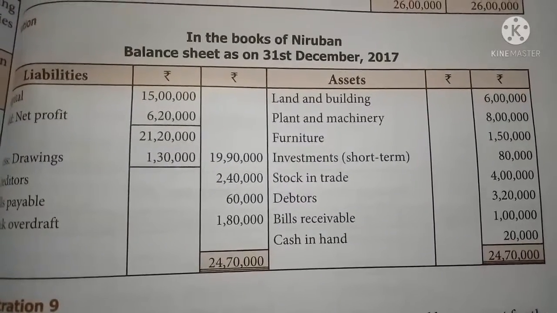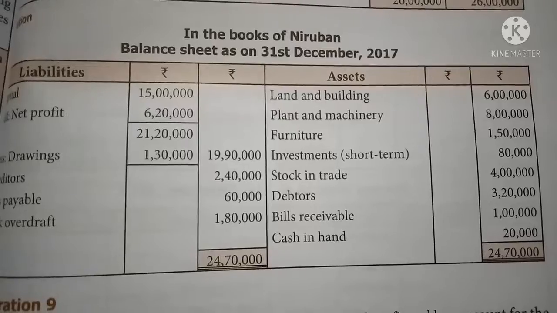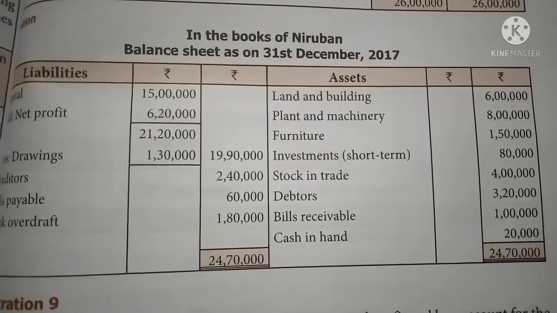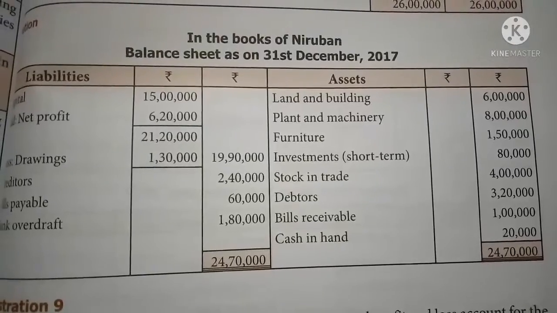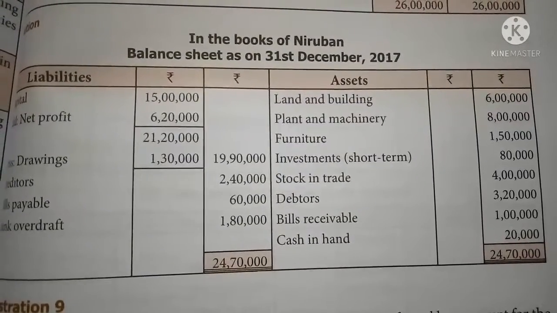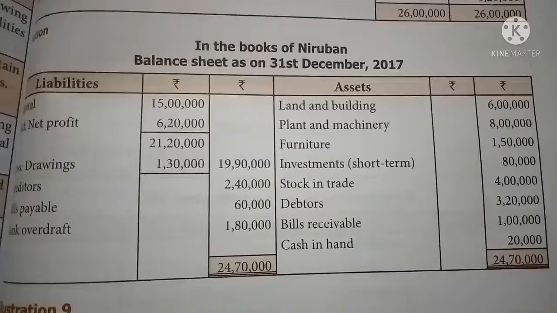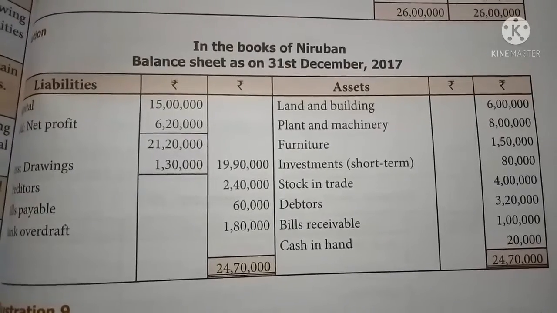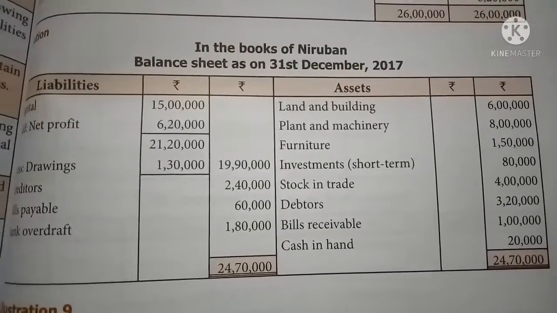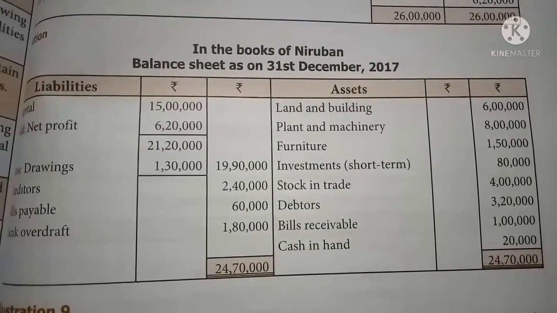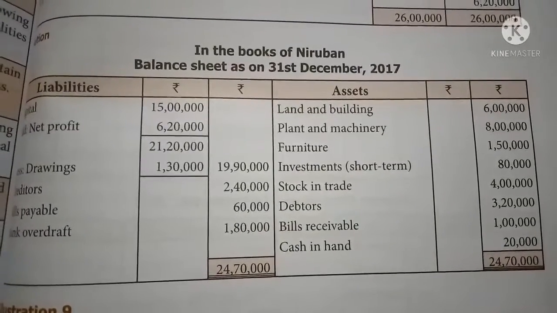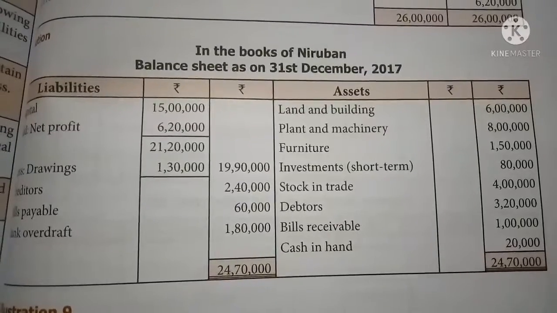After writing all the liabilities and assets from the sum, you can add the liabilities separately and the assets separately. While adding the liabilities total and the asset total, both totals should become equal. Only then is it assumed that the trial balance is correct, that is, the given sum is a correct sum.